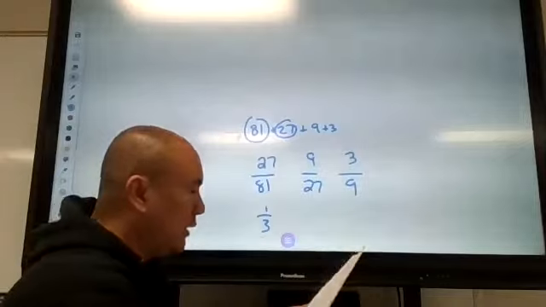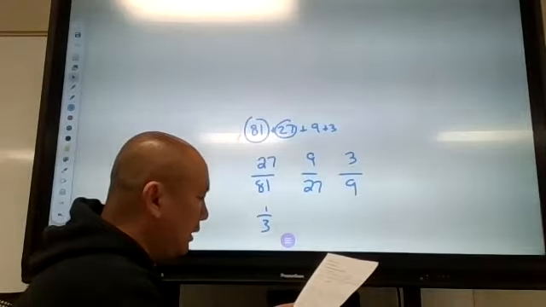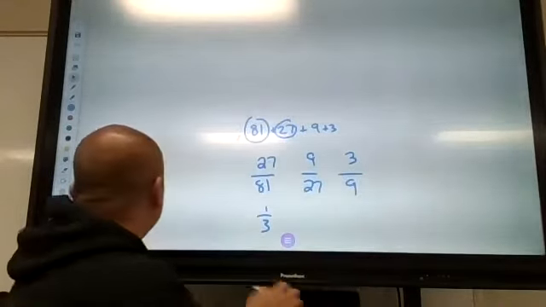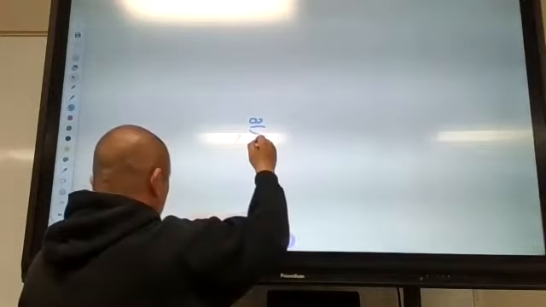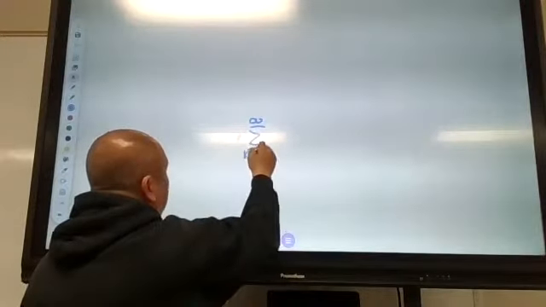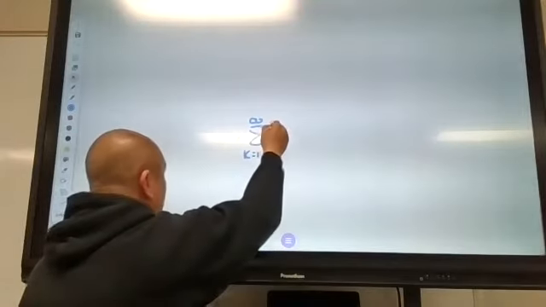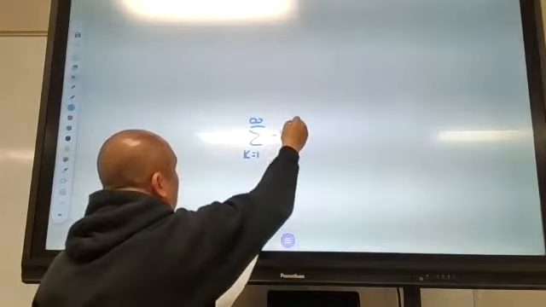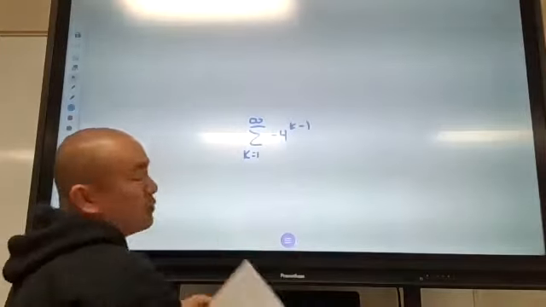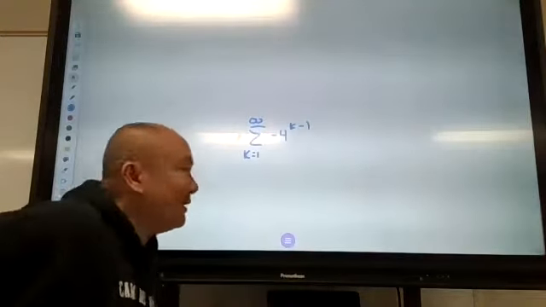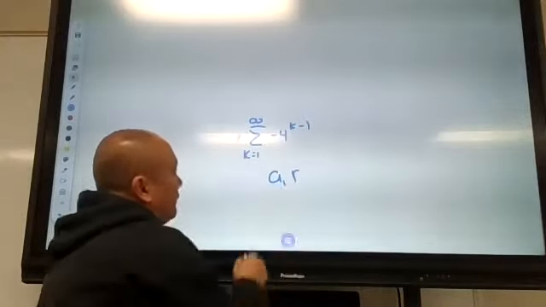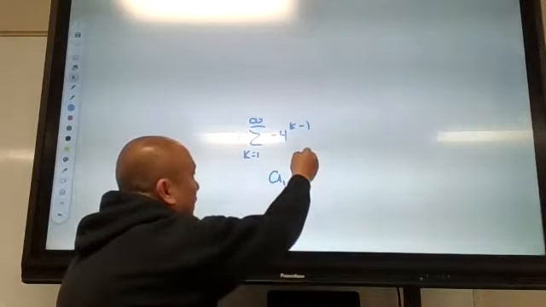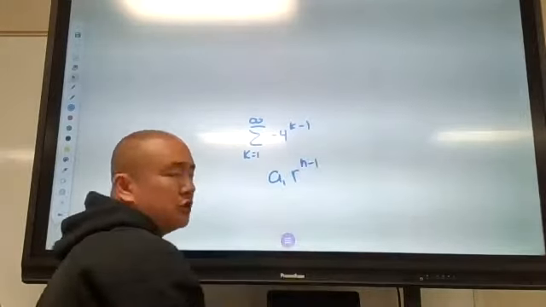Okay, let's go to number 9. Number 9 is the sigma to infinity, and k starts at 1 and goes to infinity, of -4 times k minus 1 power. When you do something like this, you have to think that there's a form where it's the first term times the ratio to the n minus 1.